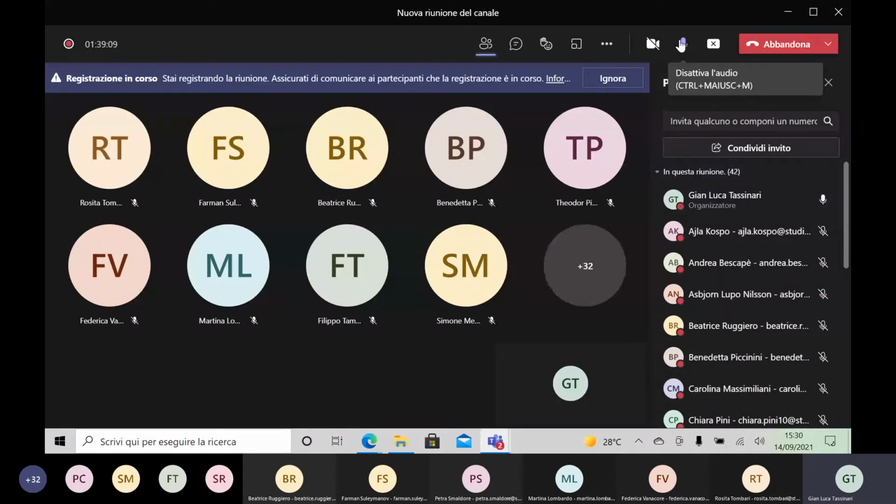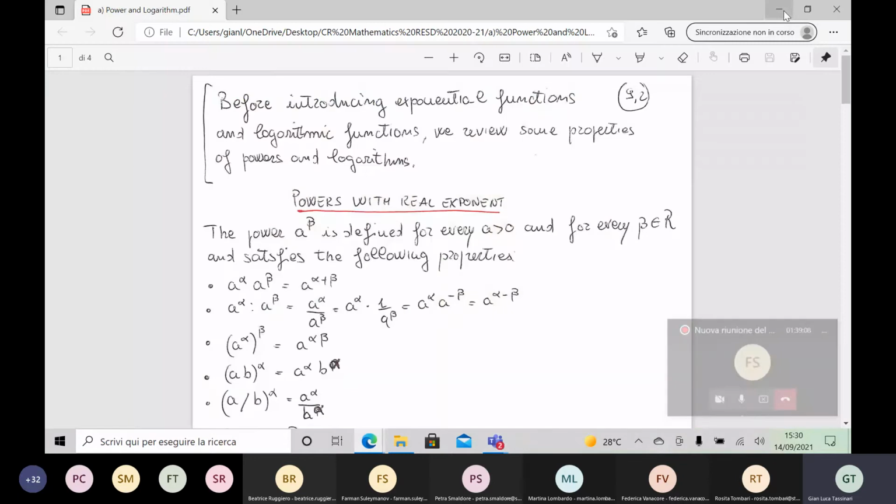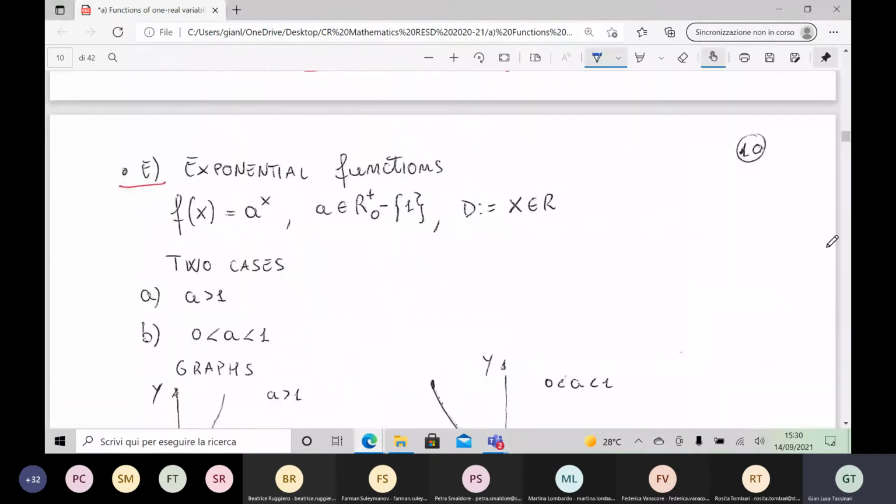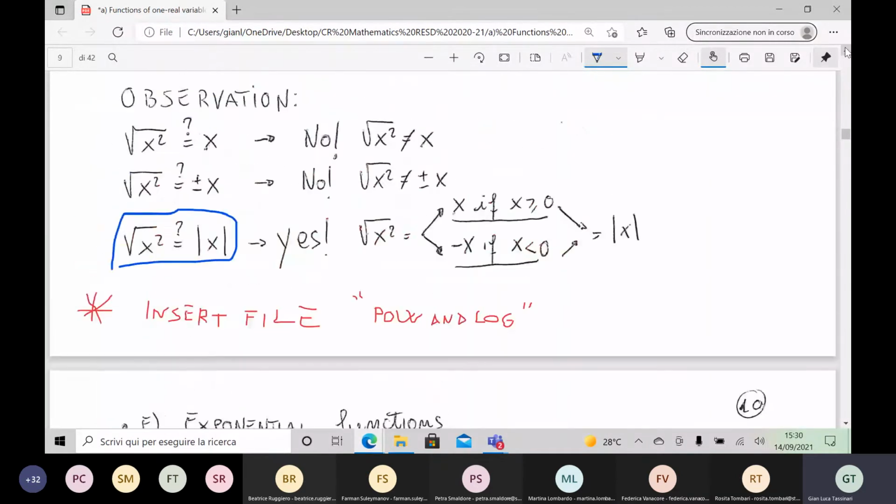So, guys, we need to continue, and in particular, if you go back to the PDF we were considering, we just finished talking about the absolute value, and now I need to introduce the exponential function and logarithmic function.